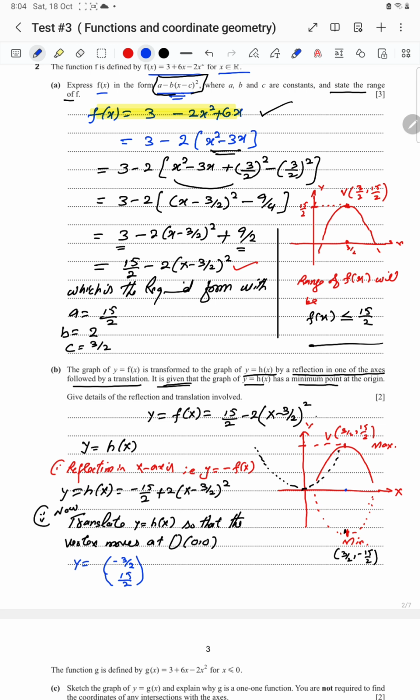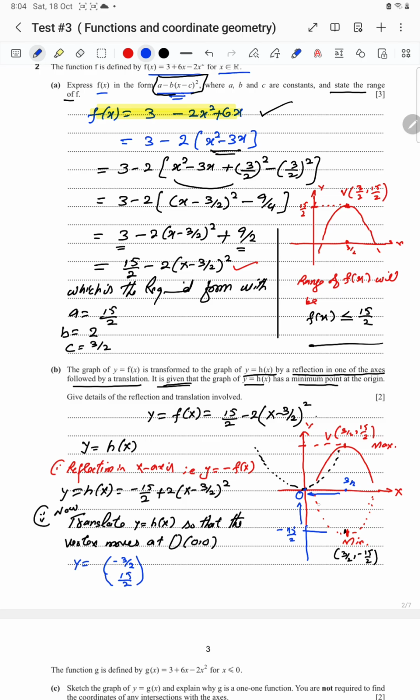What to do? First you need to reflect it, and as we reflect it, then you need to translate it so that the minimum point comes at the origin, right? So you will move this minus 15 from here, minus 15 we need to bring it here to 0, and minus 3 by 2 needs to be translated towards here, and this goes up by minus 15 by 2.